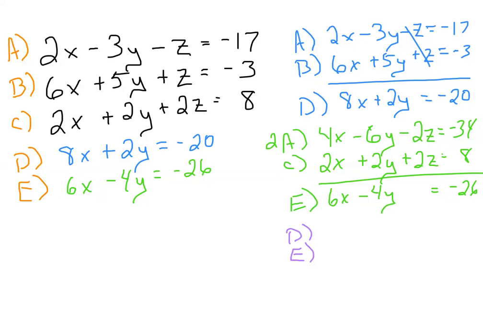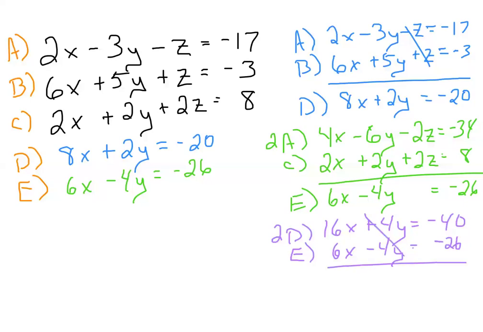So I need to multiply D by what? 2. So I get 16x plus 4y equals negative 40, and 6x minus 4y equals negative 26. 4 minus 4 gives me 0y.